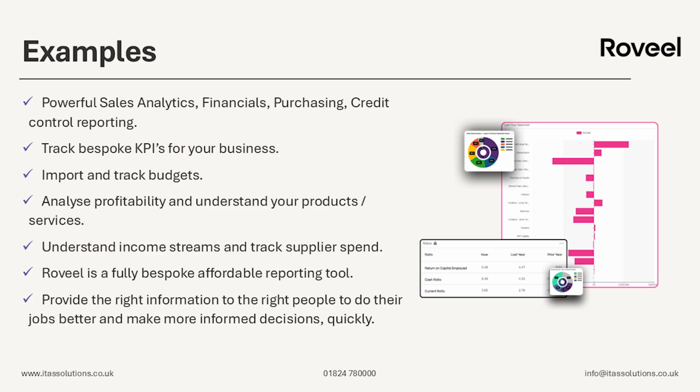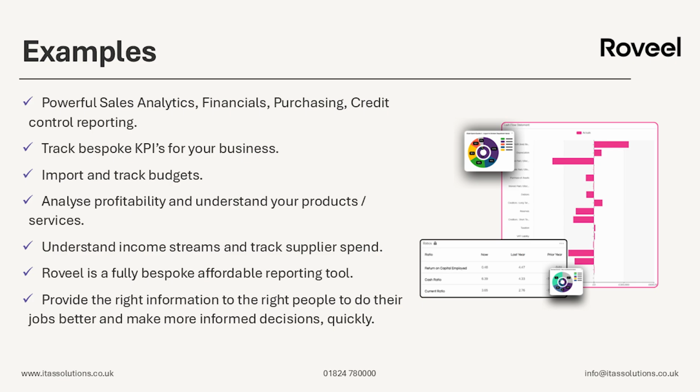I remember talking to a business a while ago, and they said they were adding in 1 million of new sales every year, but they were losing 1 million out the bottom end by not understanding that those customers were clearly going somewhere else. And I think it's filling those gaps, because we're all naturally hungry for new business, but actually it's about maintaining existing customers as well. And I think that's really important.